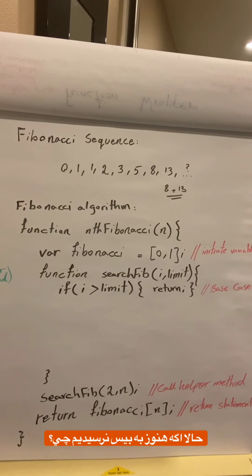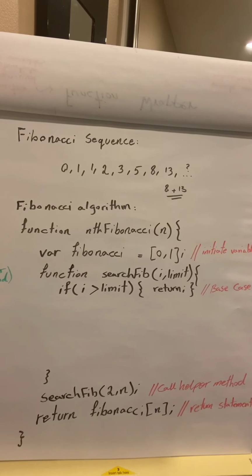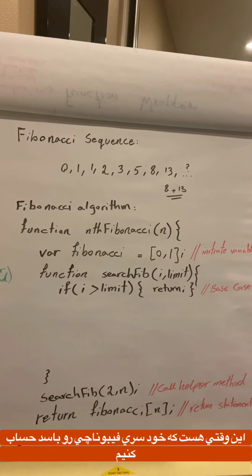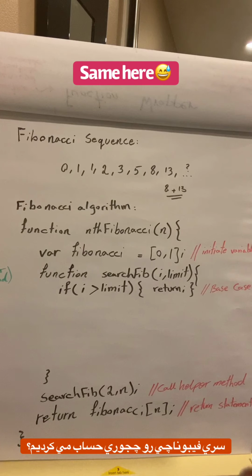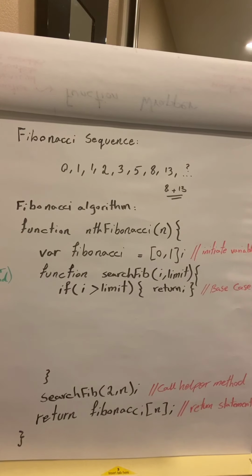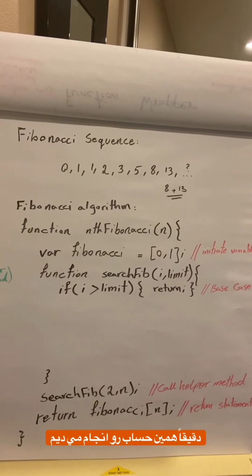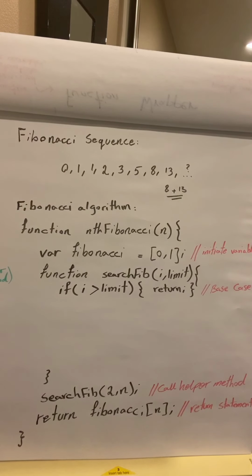So now, what if we still haven't reached our base case? That's when we're actually calculating the Fibonacci series. So how did we calculate the Fibonacci series? We calculated each new value in a Fibonacci series by summing the last two values in the series. So now if we want to write that in code, we would do exactly that.